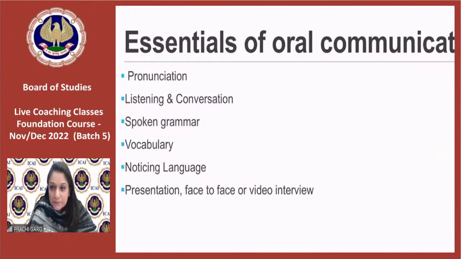What does that mean? Can anyone explain it to me? It is given on page number 1.4, after essentials of oral communication, point A, the first line. Grammar without pronunciation is like food without taste. Quickly explain it to me. What do you understand it to mean?